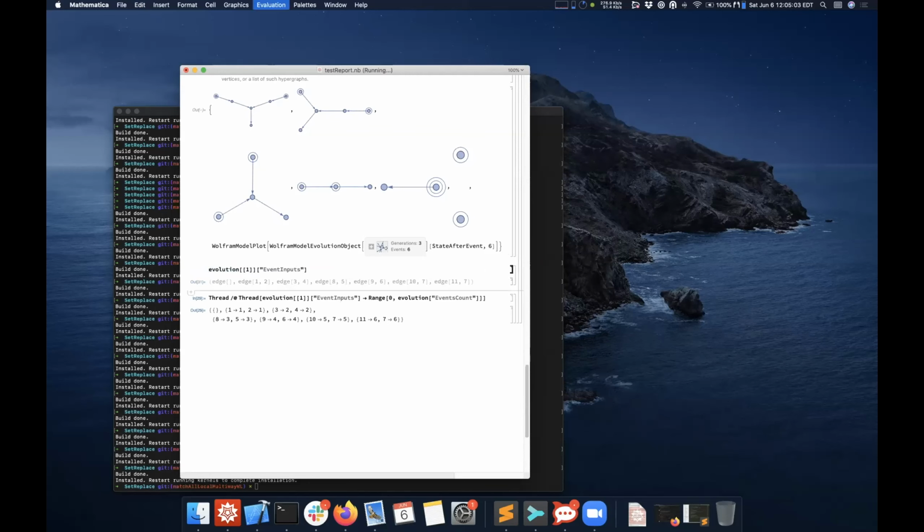What are you trying to do? Well, I need to label that these are edges. Yes. Right.